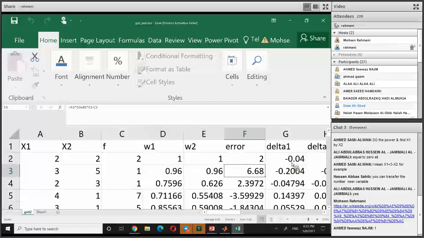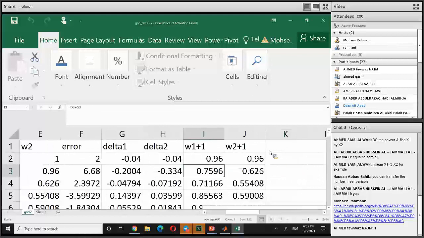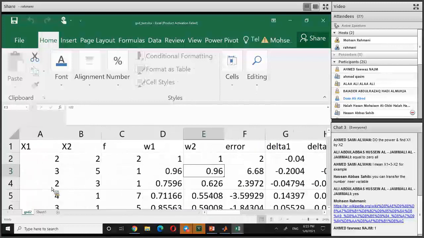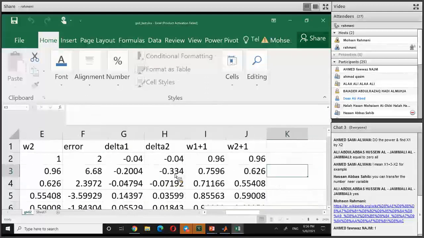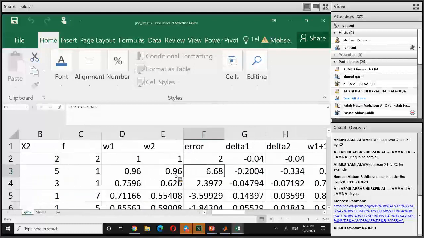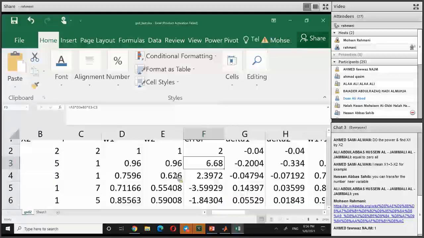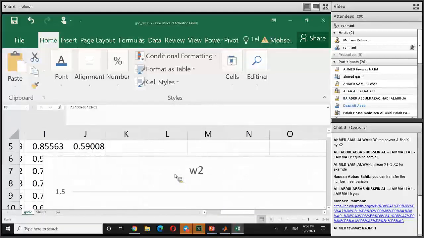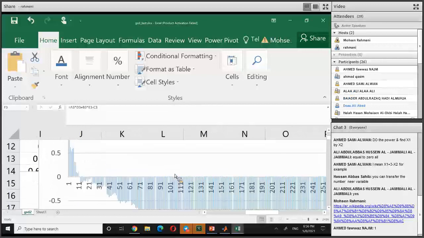And in the next step, we just replace W1 and W2 by the updated values. And we repeat this equation again, and by repeating this, we can find W1 and W2, and also the error.